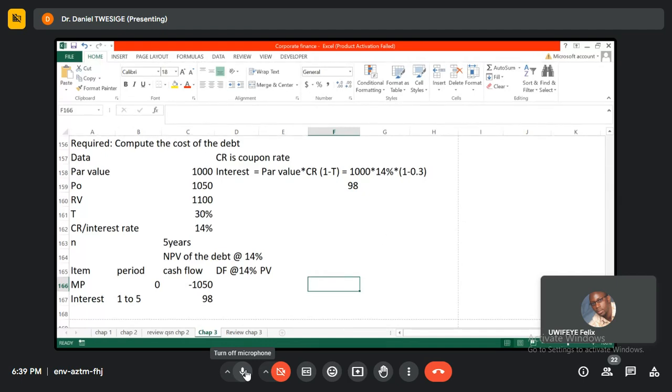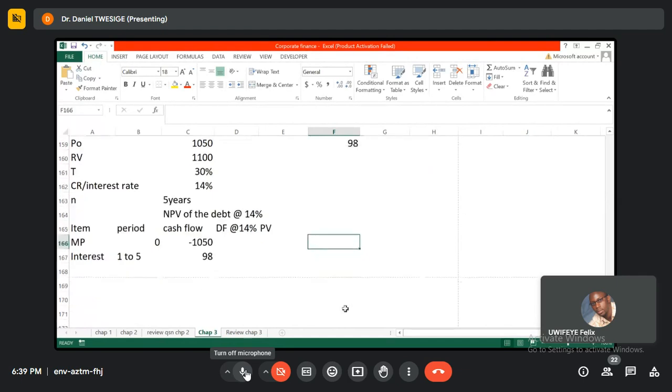Then in year 5, I have a redeemable value, which I've already calculated, which is going to be 1,100.